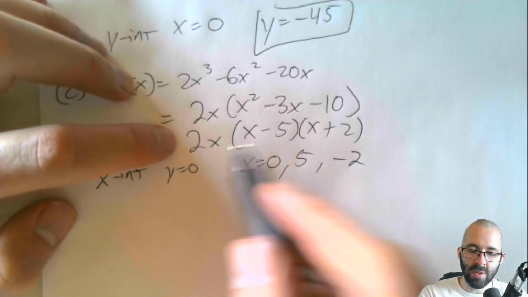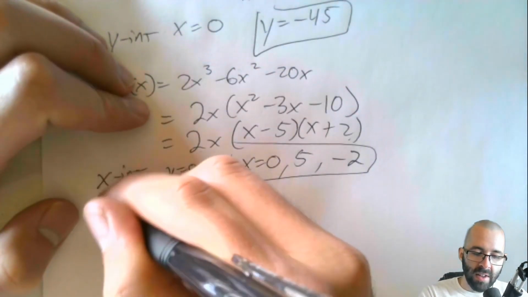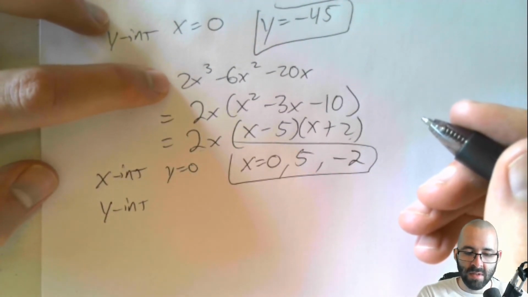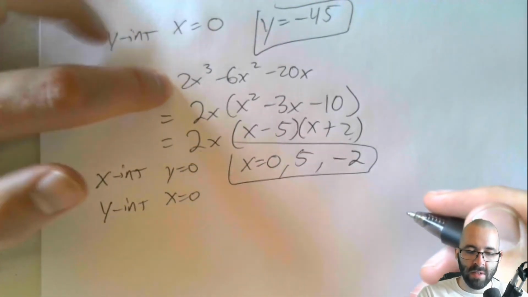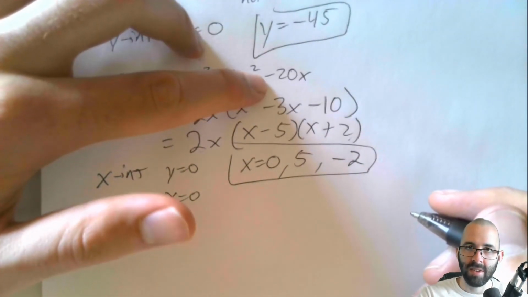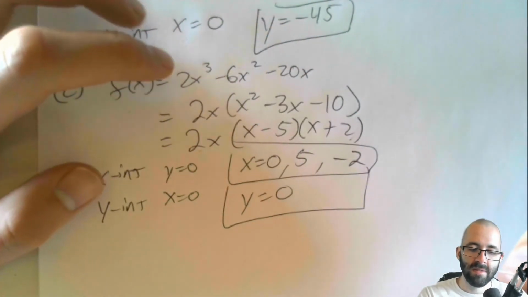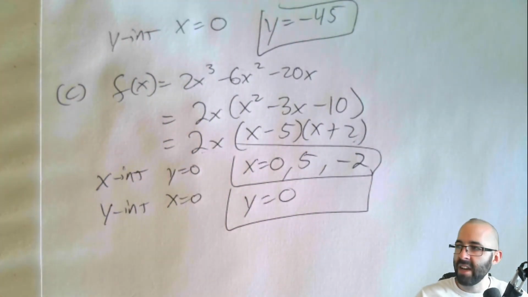If x is equal to 0, this whole thing becomes 0, which is what we want. And then the y-intercept, again, we can just plug it into the original equation. When x is 0, well, that's 0 minus 0 minus 0. I can do the math very quickly. It's 0. So these are our intercepts, 0, 5, and negative 2.